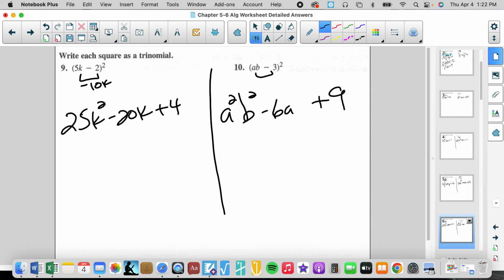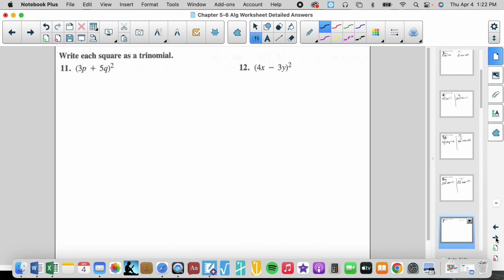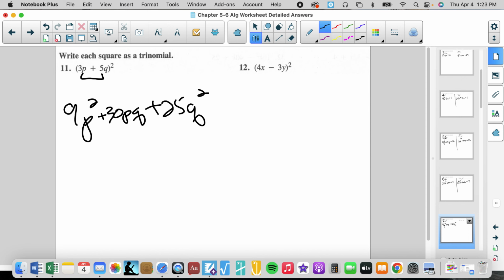Negative 6ab. This will save you so much time on your placement tests, on your SAT, on your HSPT, on your whatever assessment, Algebra 1, Algebra 2, placement tests. So 15 doubled is 30pq.